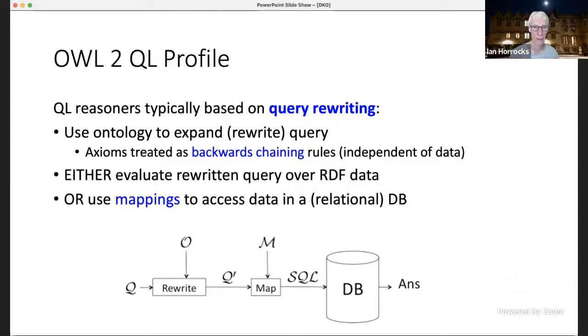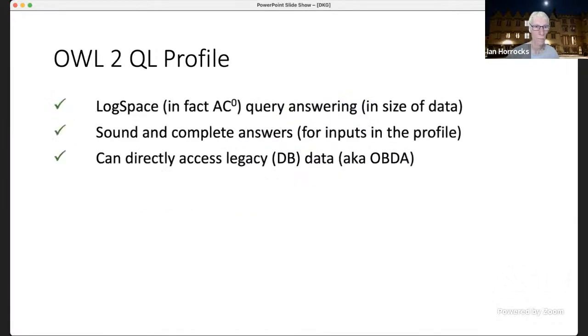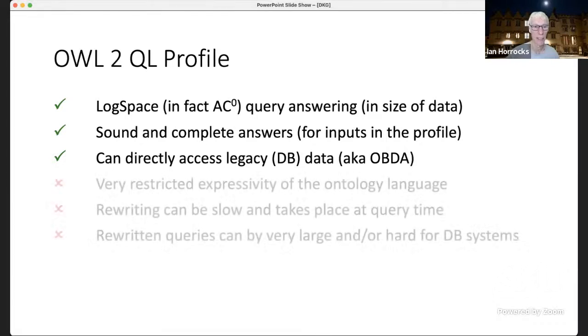So we can just translate our query into SQL and answer it directly over a legacy data source. So the good thing is that this gives us this log space AC0 complexity, sound and complete answers, providing I'm inside the profile and I can leave the data in legacy data stores.